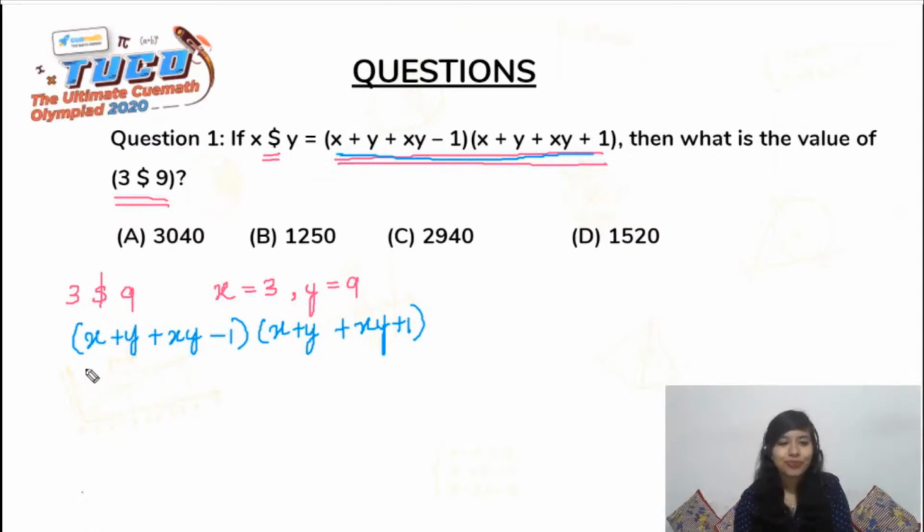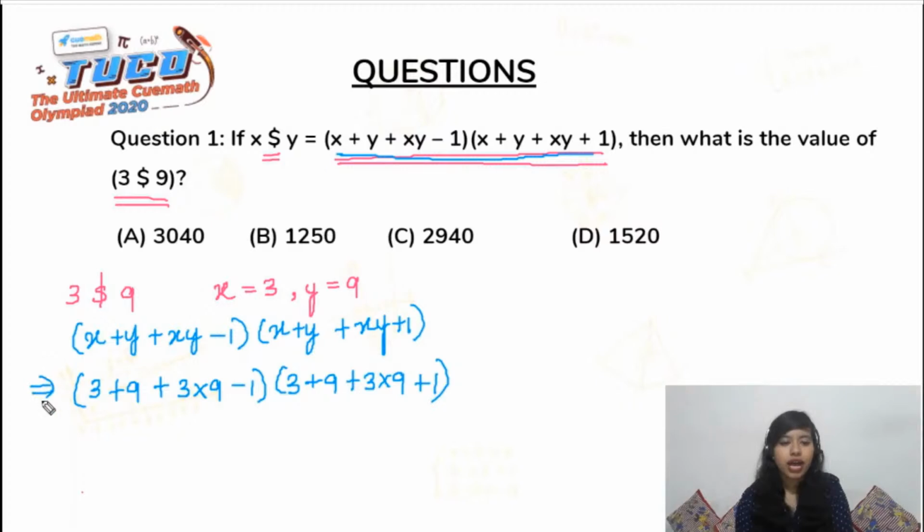So let's see here. We would now be replacing the variables x and y with 3 and 9. So 3 plus 9 plus 3 times 9 minus 1, times 3 plus 9 plus 3 times 9 plus 1.